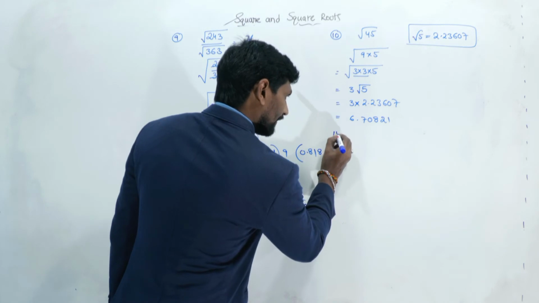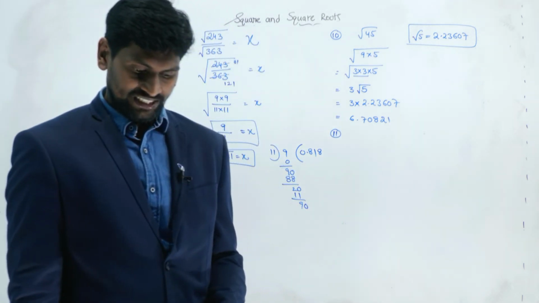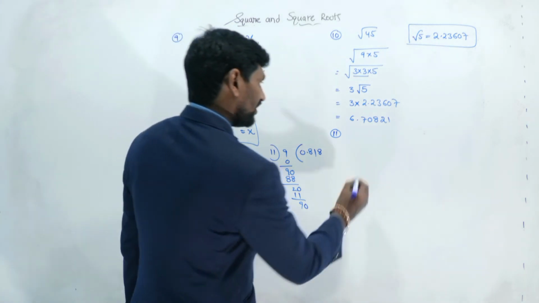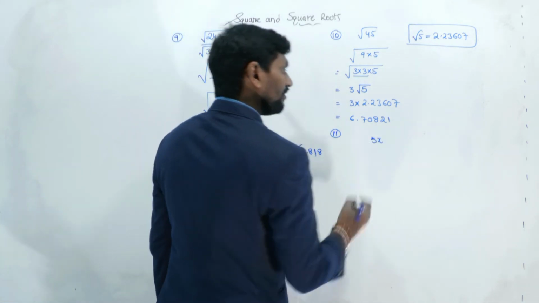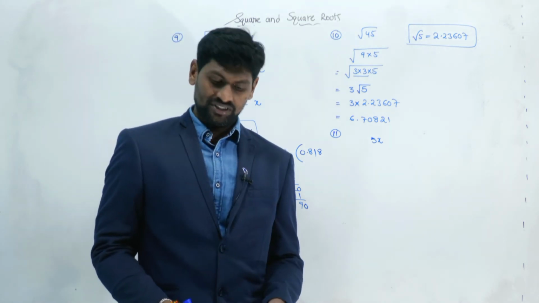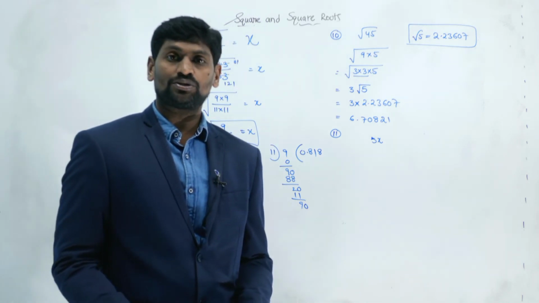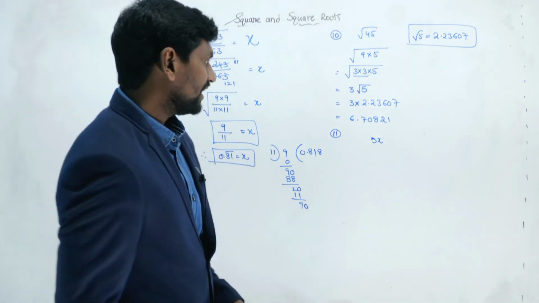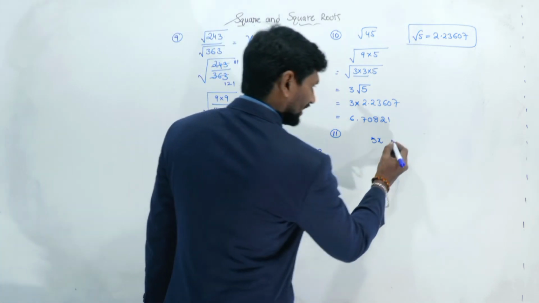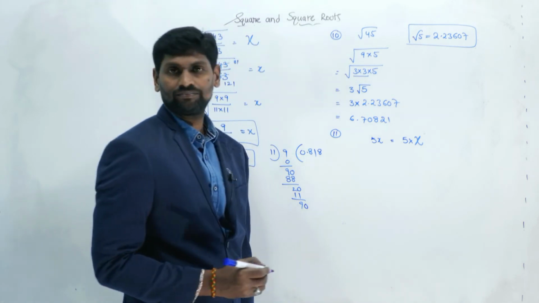Question number 11. Now see question number 11. If 5x is a perfect cube, then what is the least number of 5s that must be contained in the prime factorization of x? Here we can write 5x as 5 into x.